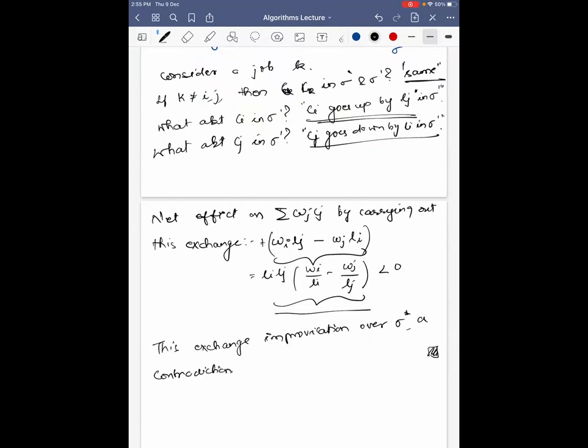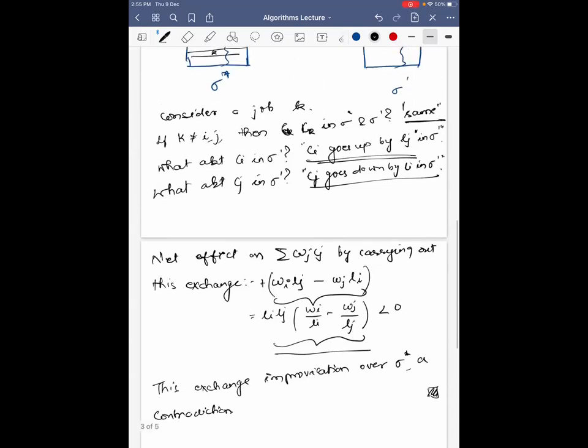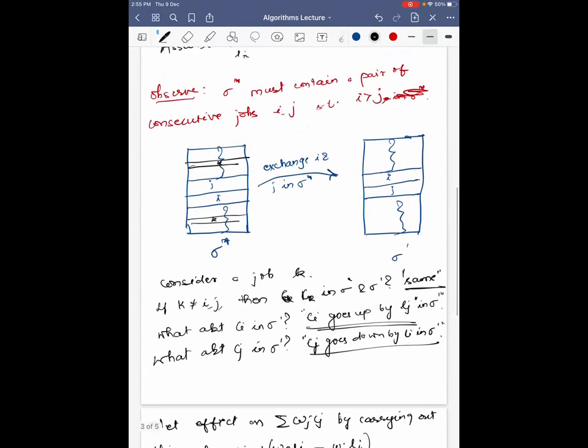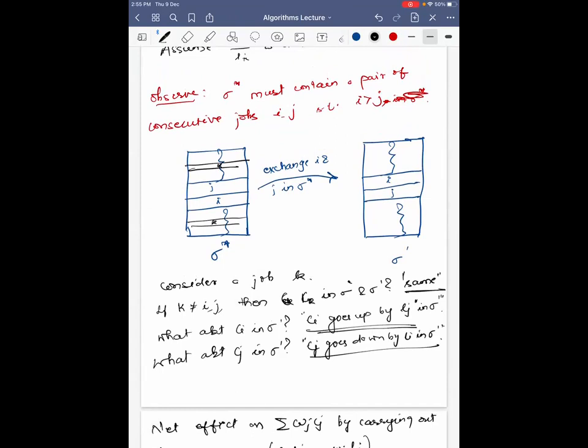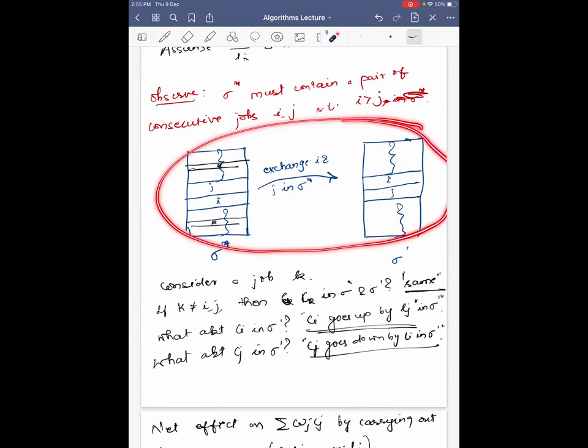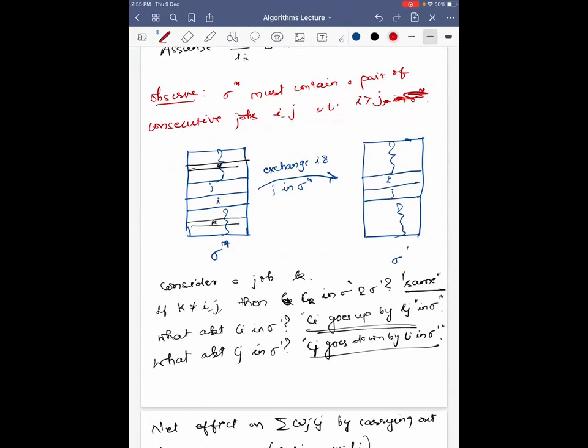So that completes the proof. The whole point behind doing this proof of correctness was to illustrate this idea of exchange. This is quite often known as the exchange trick, and it is very frequently used when it comes to proving correctness of greedy algorithms.